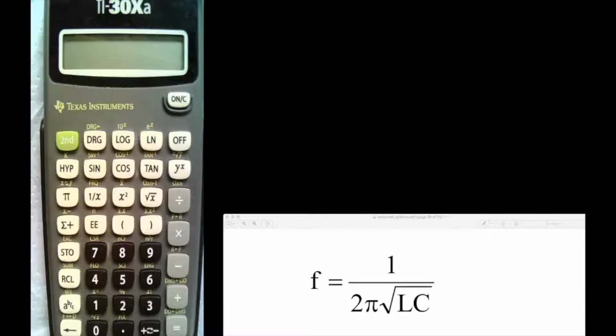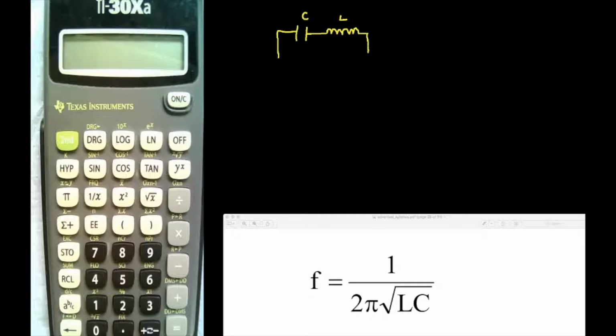If you recall, the requirement for a tuned circuit is for it to have a capacitor and an inductor. And there you've got a series tuned circuit with a C and an L, a capacitor and an inductor.